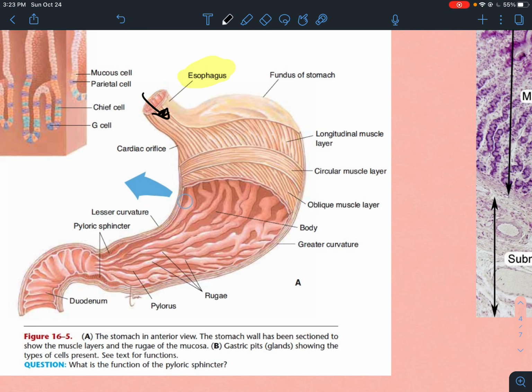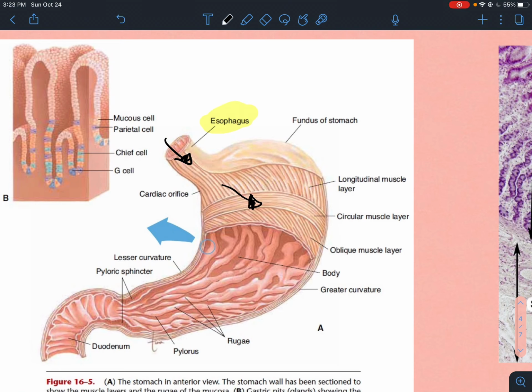And once it enters the stomach is a location of extreme mechanical and chemical digestion. The mechanical is from gastric churning, as has been mentioned already.